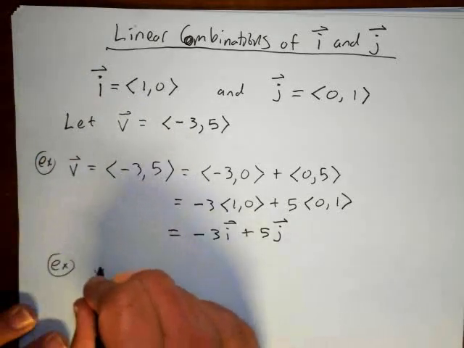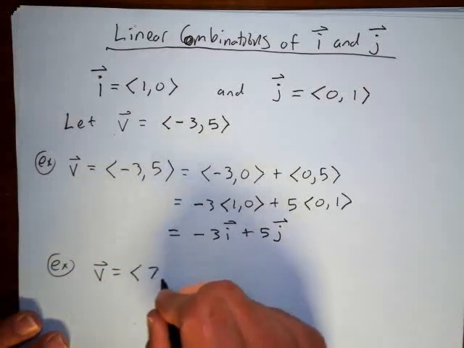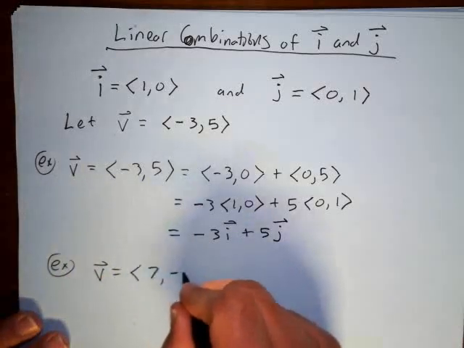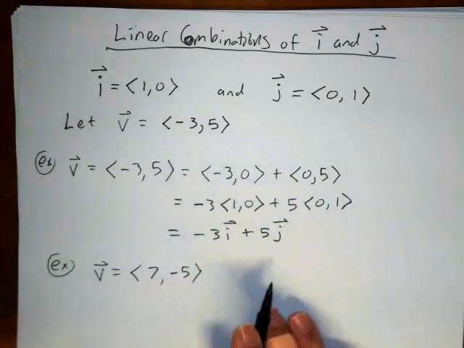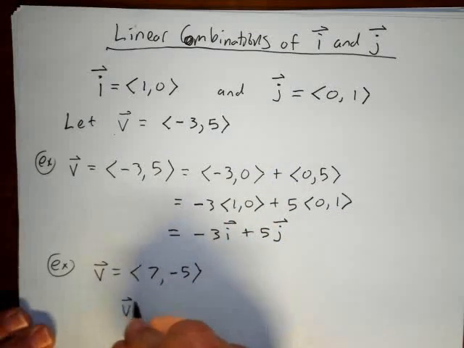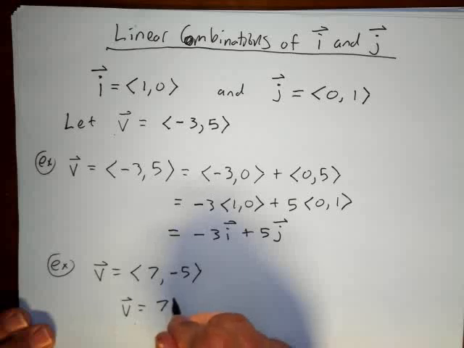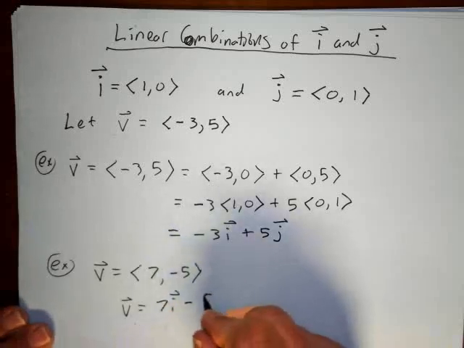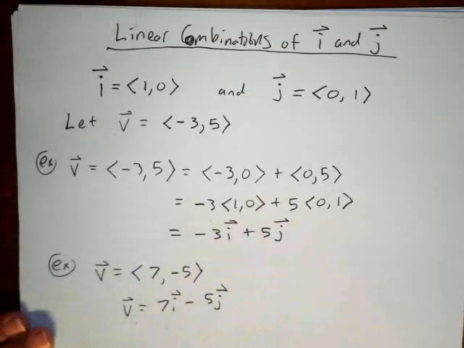Let's say v is equal to 7, -5. I don't have to go through this every time. If I wrote this as a linear combination of i and j, it would just be 7i minus 5j.